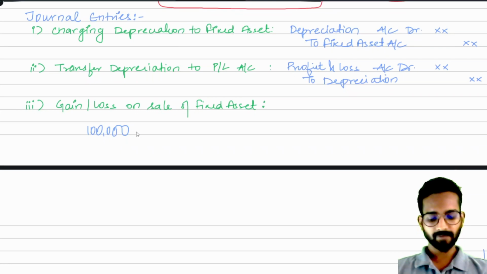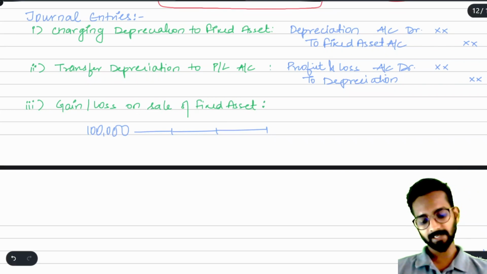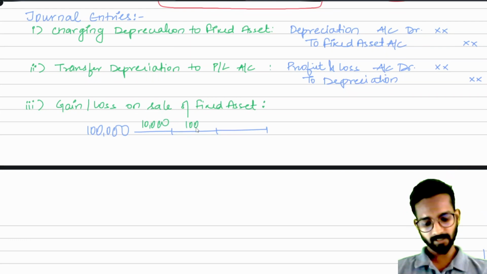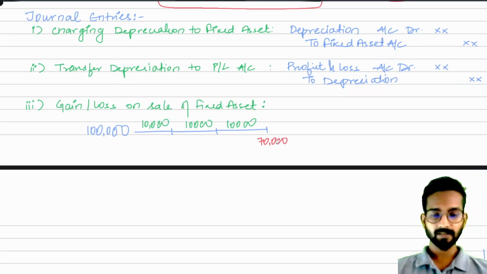Now after 3 years, 1 year, 2 year, 3 year, suppose depreciation every year was 10,000, 10,000 and 10,000. Then can you tell me after 3 years what would be the value of my machine? You will say, sir, very simple, the value will be 70,000 rupees.